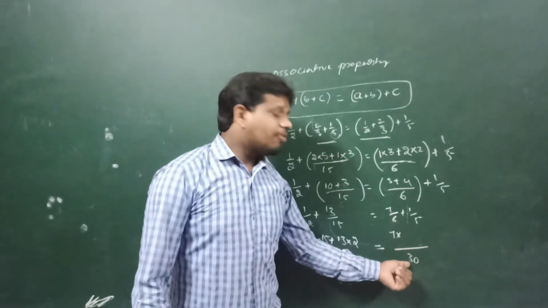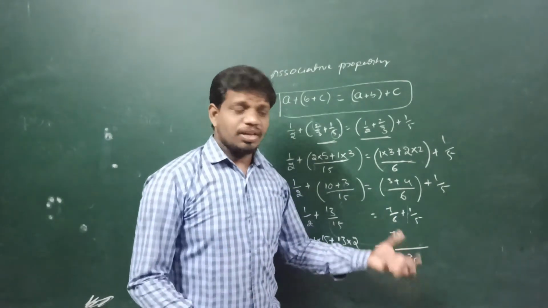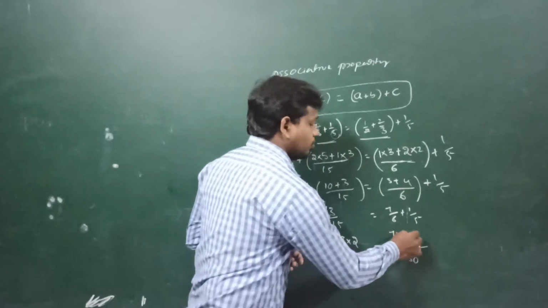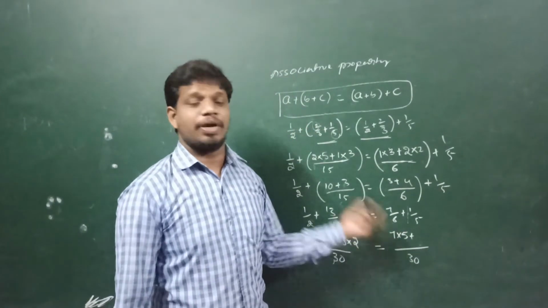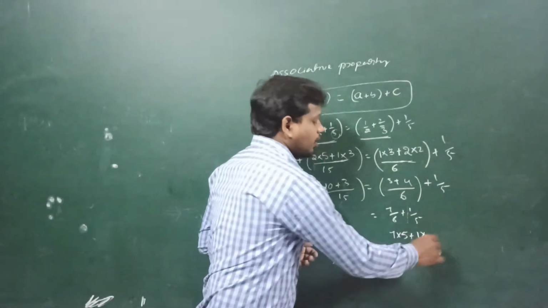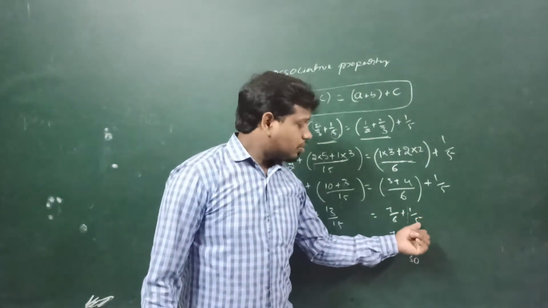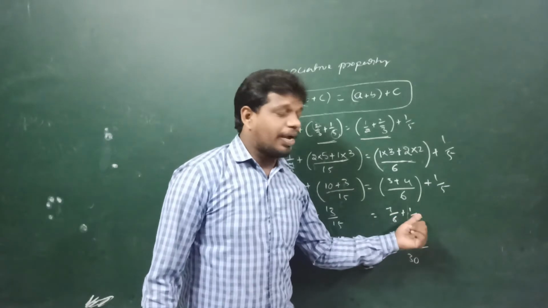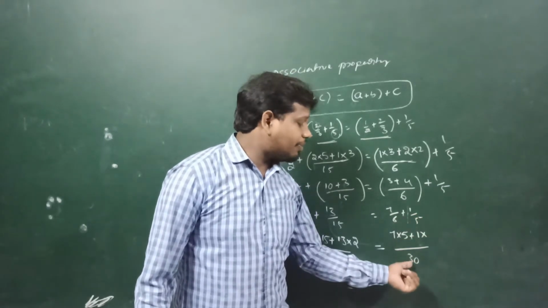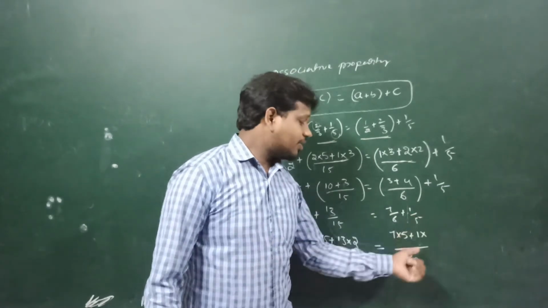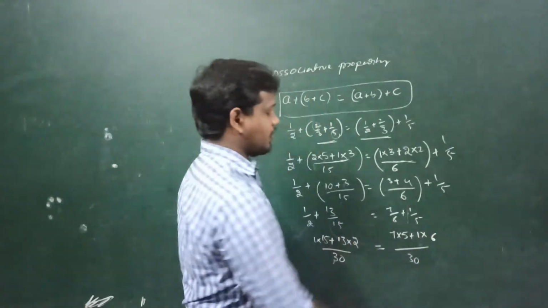In the 6 table when will you get 30? 6 5s are 30. So multiply the numerator with 5. Next 1 is the numerator, 5 is the denominator. So in the 5 table when will you get 30? 5 6s are 30. So write 6.